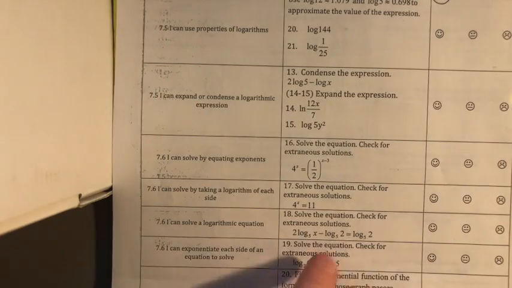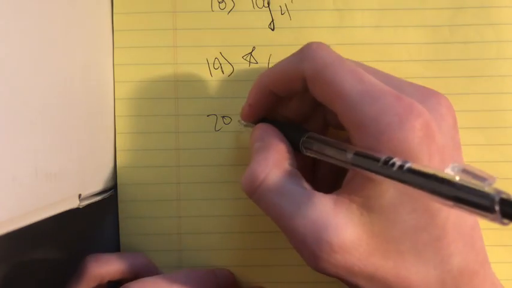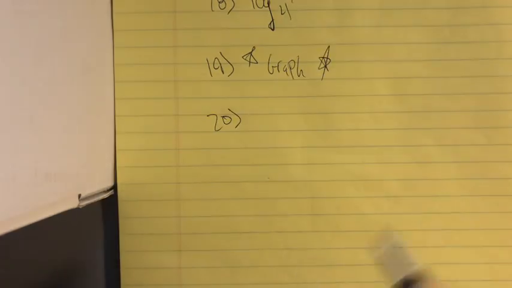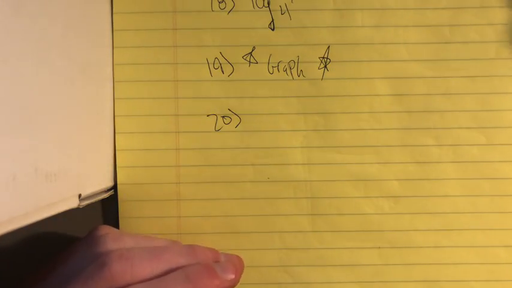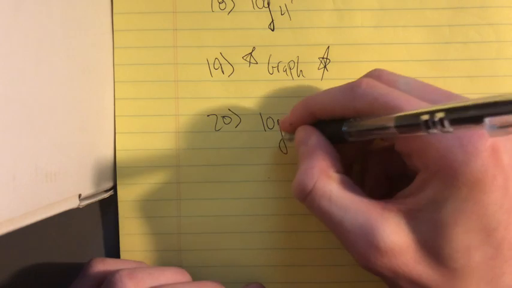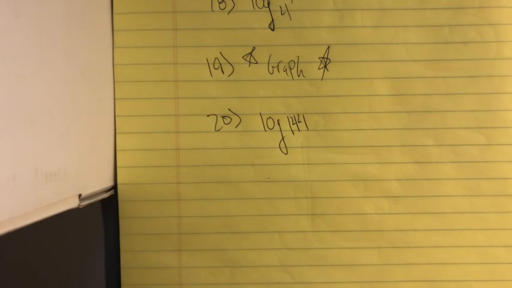What we have to do here is, we've got log 144, but log 12 equals 1.079 and log 5 equals 0.698.